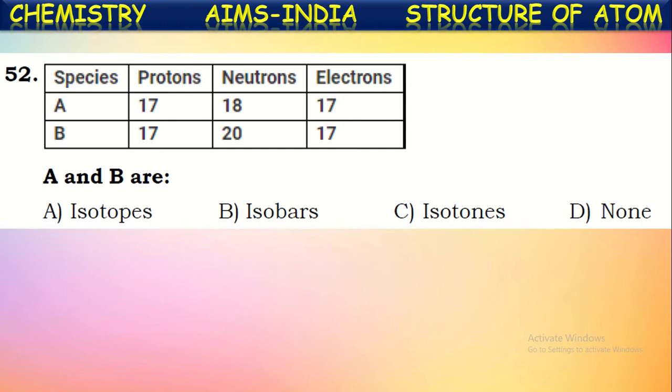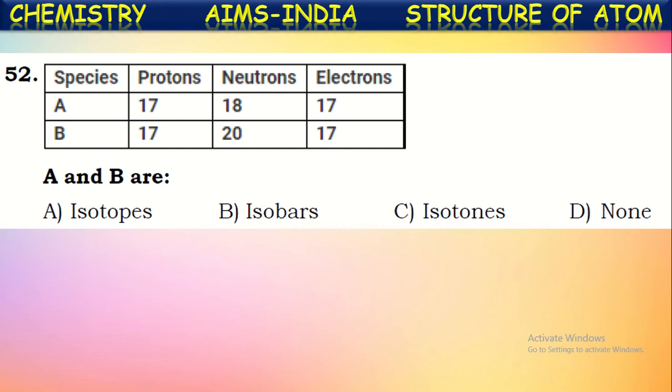See here two species are mentioned, A and B. Their fundamental particle numbers are also given in the tabular column. Observe once. So what relation do these two have, A and B? If you observe, A and B both have the same number of protons, but they have different numbers of neutrons. Now we can say A and B have the same atomic number but different mass numbers.